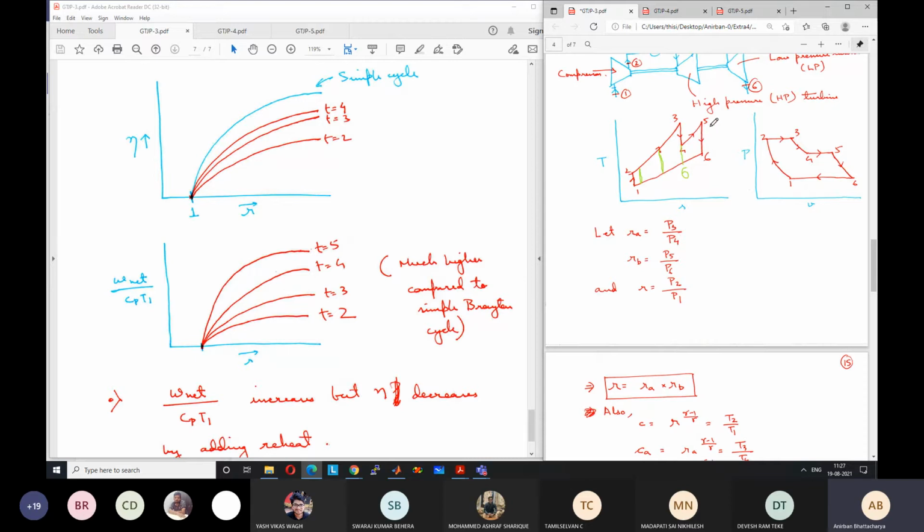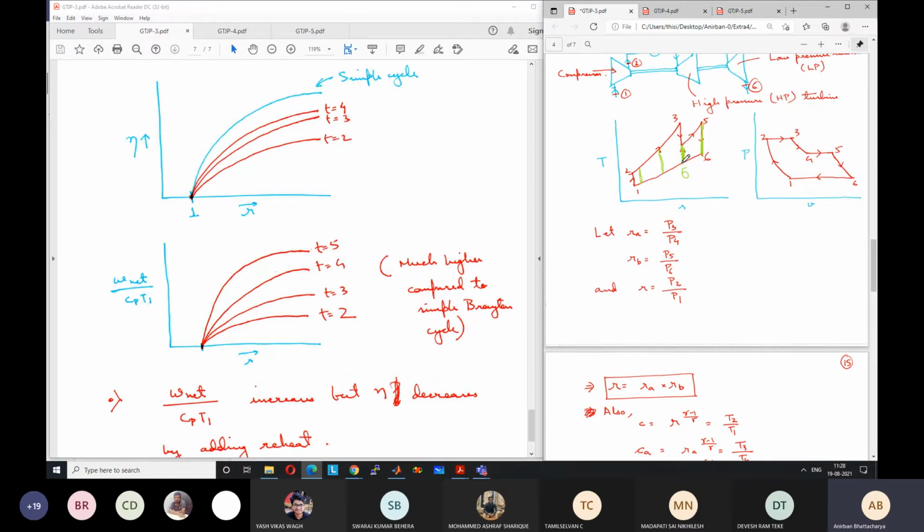As a result, T3 minus T4 plus T5 minus T6 is greater than T3 minus T6. Or in other words, because the first part is same, T4 minus T6, this distance is lower than this distance, T5 minus T6, because you are going towards the right hand side and because the constant pressure lines are diverging.